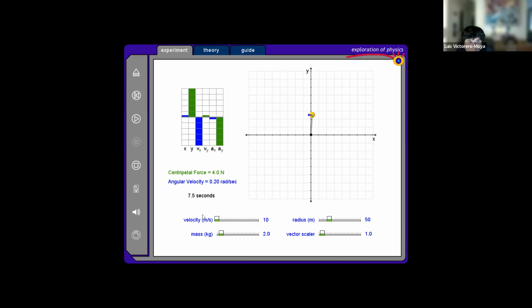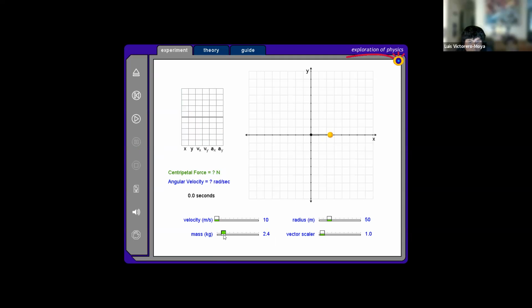If I make a mass of 4 or 2.5, mass v squared divided by r. So before, for a mass of 2, we got 4 newtons.